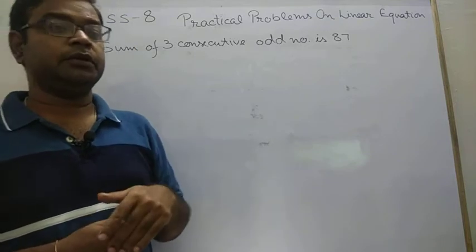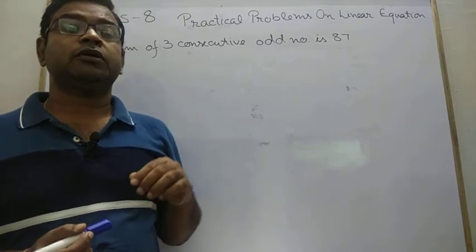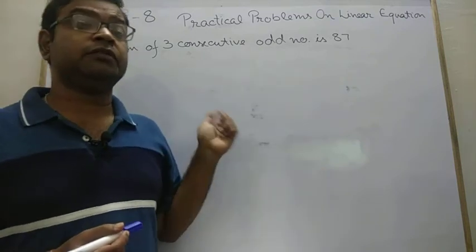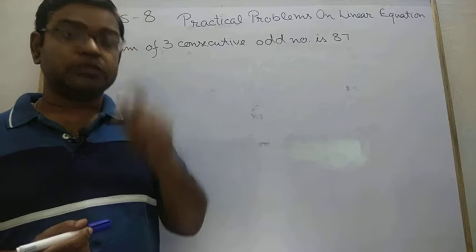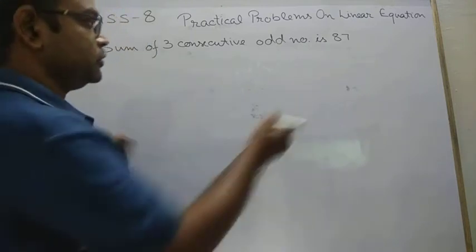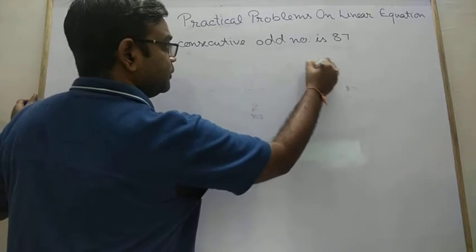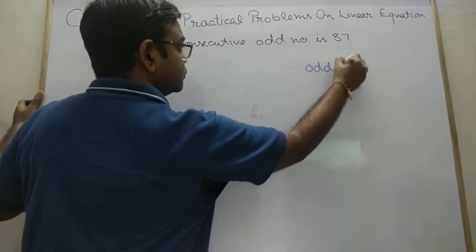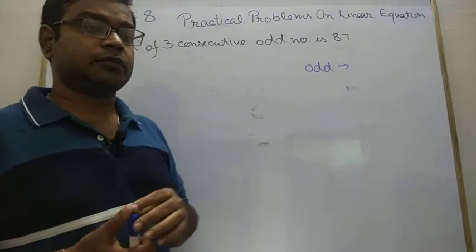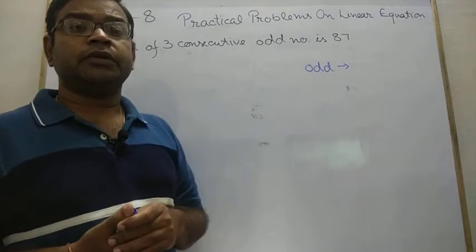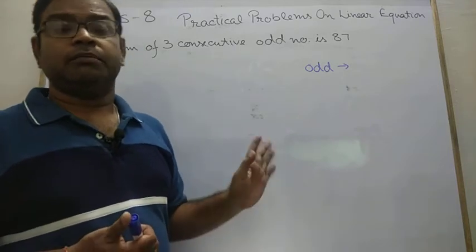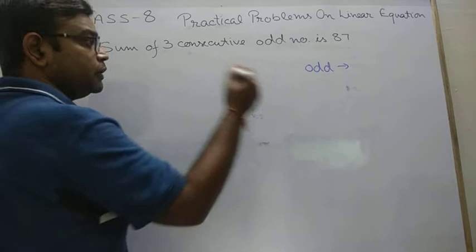So always remember, whenever you solve questions on consecutive odd or consecutive even numbers, your supposition is the most important thing. If it is given about odd numbers, you could assume x plus 1, x plus 3, likewise, which is easier. But I am going to say you must assume differently.